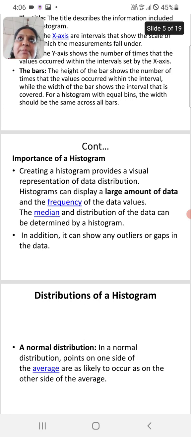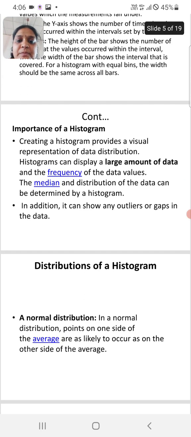If we have a continuous interval between all the bars, we will have the same width across all the bars here.